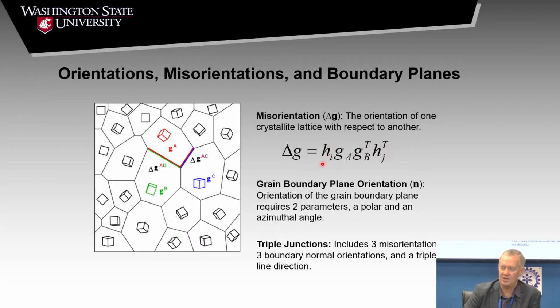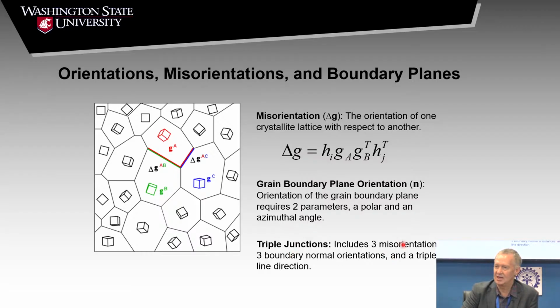These H values are the symmetry elements. So we talked about symmetry and how for a cubic crystal there are 24 different physically indistinguishable symmetry elements. So these are the different symmetry elements. And so you go through and you find the minimum, usually the minimum angle misorientation is what you define based on this equation. And then you need the grain boundary plane.